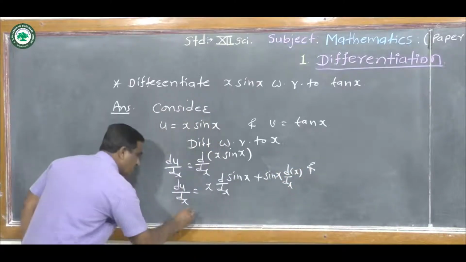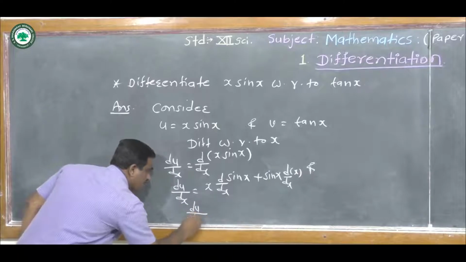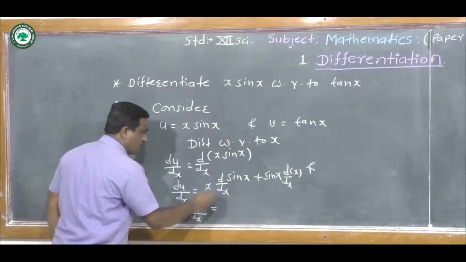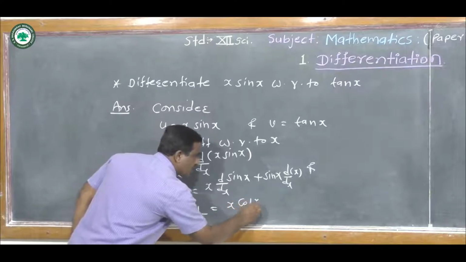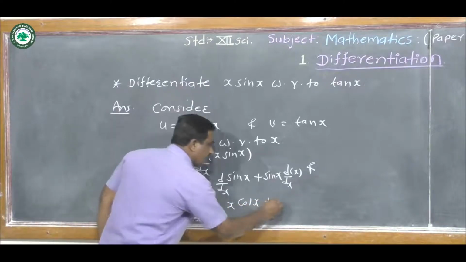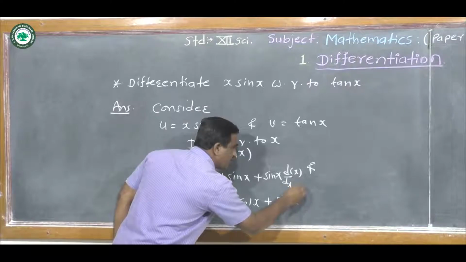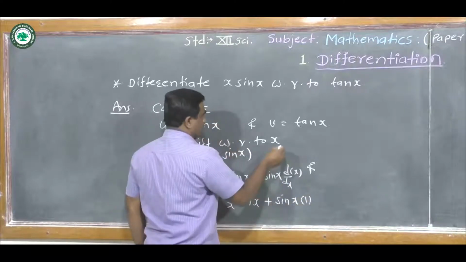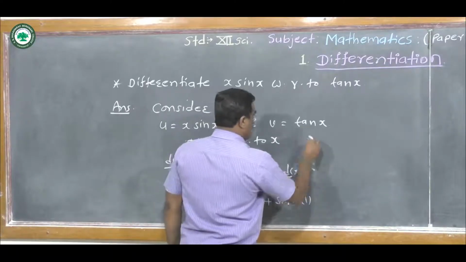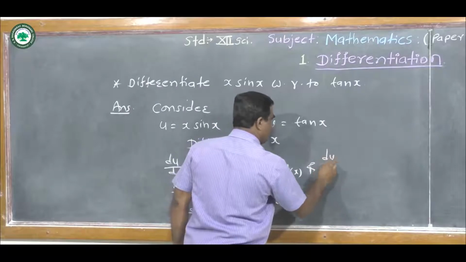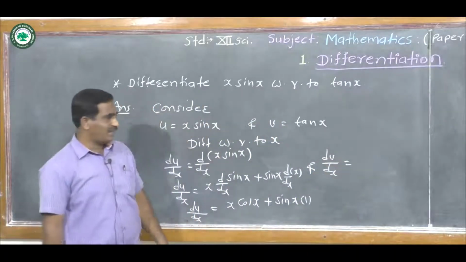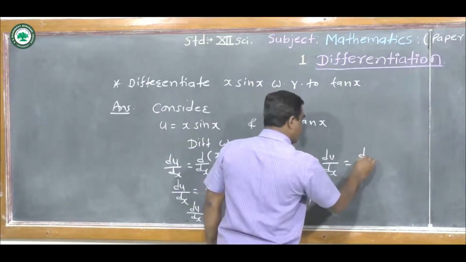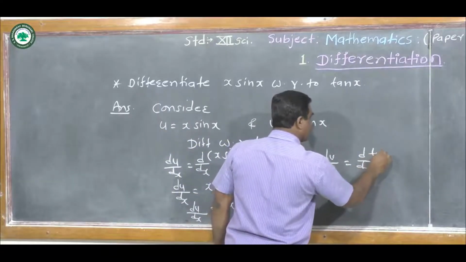Okay, therefore du by dx is equal to x into derivative of sin x is cos x plus sin x as it is into derivative of x is 1, and here derivative of v, dv by dx is equal to derivative of tan x, that is d by dx of tan x.